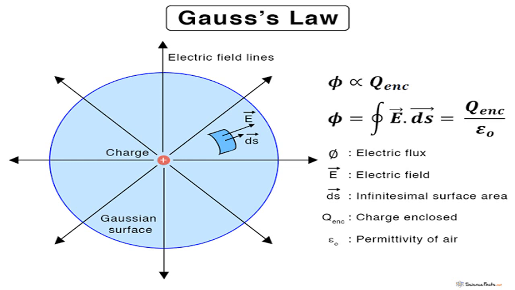In other words, the flux generated by a charge in a Gaussian surface is simply the ratio of the net quantity of charge to the permittivity of free space. And that is why flux is equal to Q net over epsilon naught.